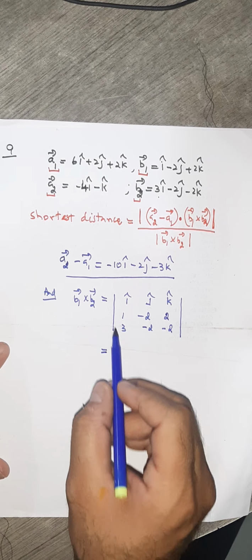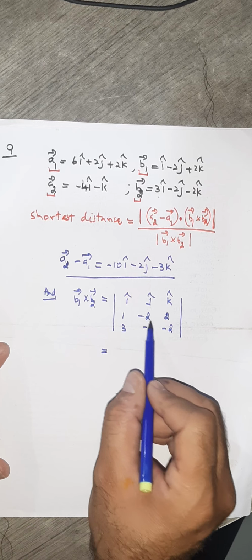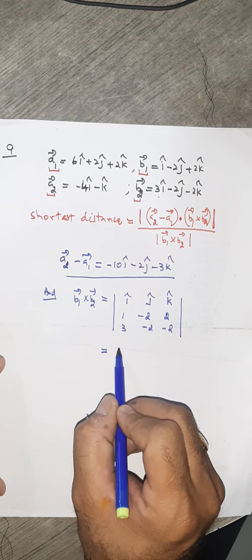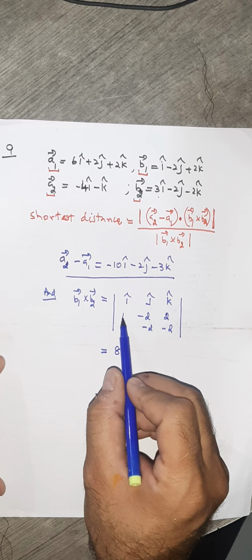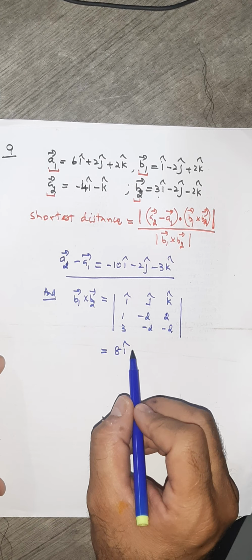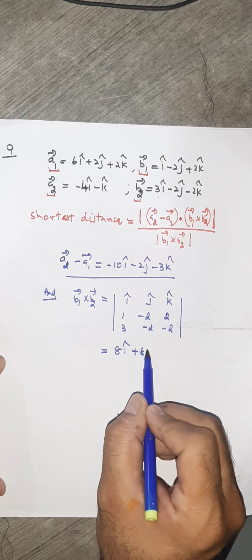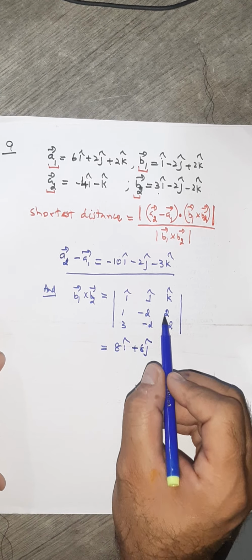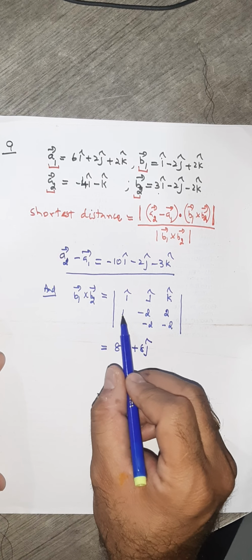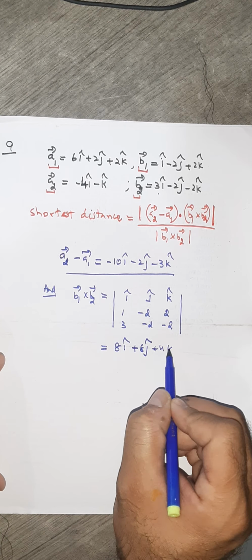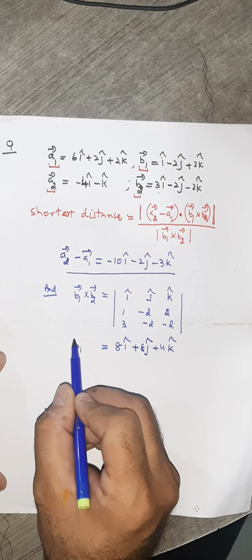If we simplify, 4 plus 4, which is 8 i cap, minus 2 minus 6, minus 8, and the minus sign is already there, so plus 8 j cap. Here minus 2 plus 6, so plus 4 k cap. This is the cross product.